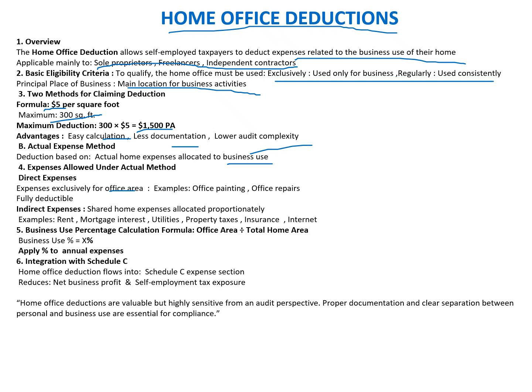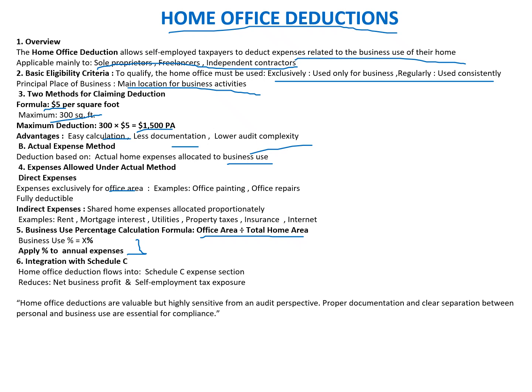For example, rent, mortgage interest, property taxes, insurance and internet. The business use percentage calculation is the total office area divided by the total home area, which gives us the allocation of the expenses. We then apply that percentage to the annual expenses to arrive at the expenses that can be claimed as a home office deduction.